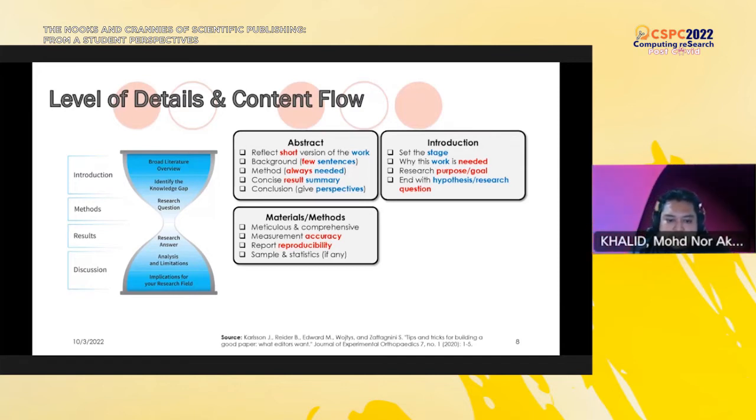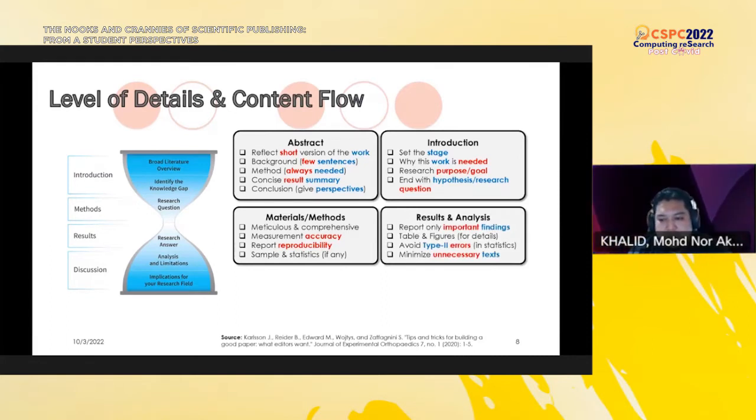You're doing it by yourself. So it's important to be very meticulous and very accurate and produce something with high reproducibility, meaning that any detail can be reproduced. If people want to redo your experiment, they can redo it properly and accurately. If you can provide that much detail, then your method and material are very good.